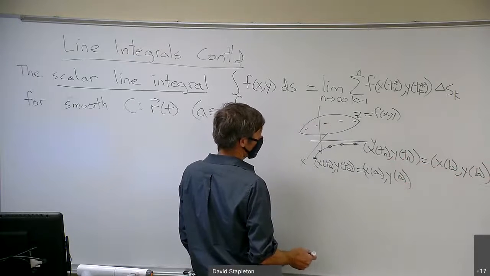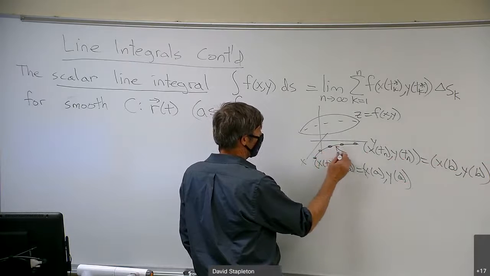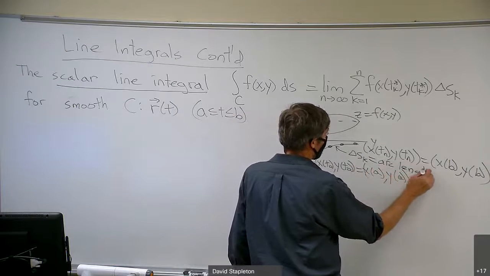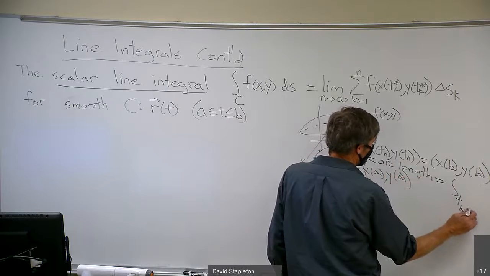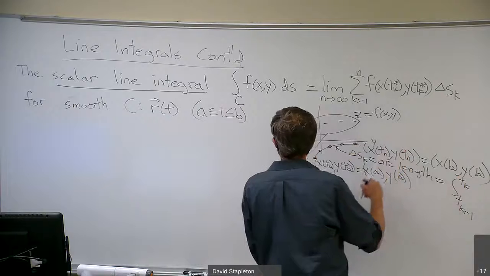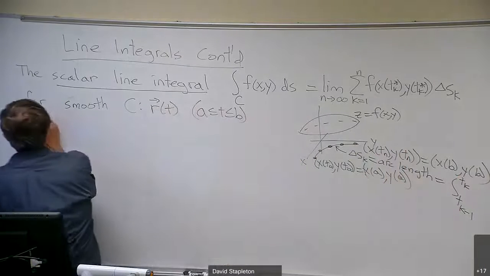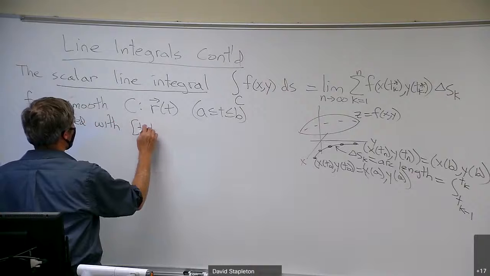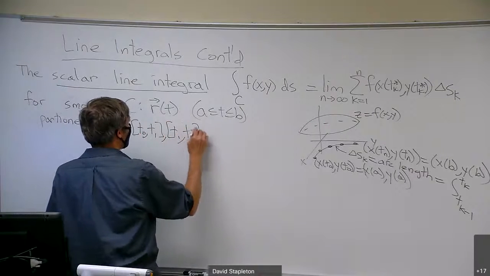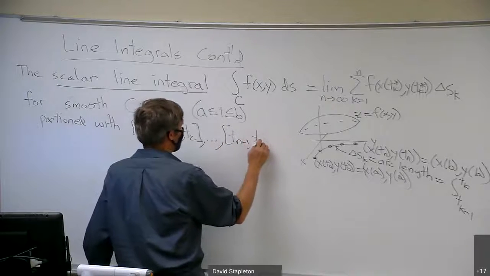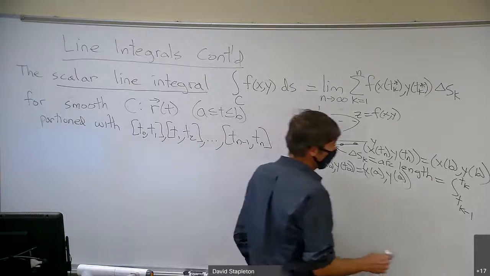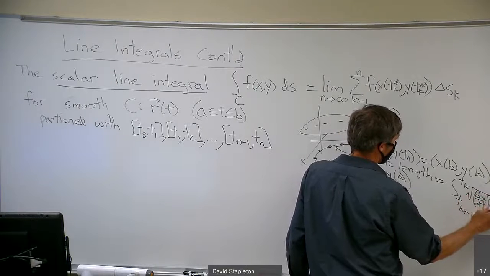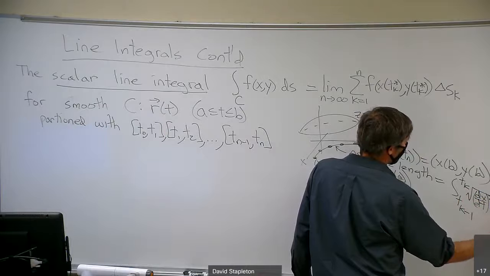And delta sk at the kth increment is the arc length of the kth piece, which we recall is the integral from tk minus 1 to tk, where you partition the interval a to b, with t going from t0 to t1, t1 to t2, all the way down to tn minus 1, tn, n increments, parameter t, of the square root of (dx/dt) squared plus (dy/dt) squared dt.